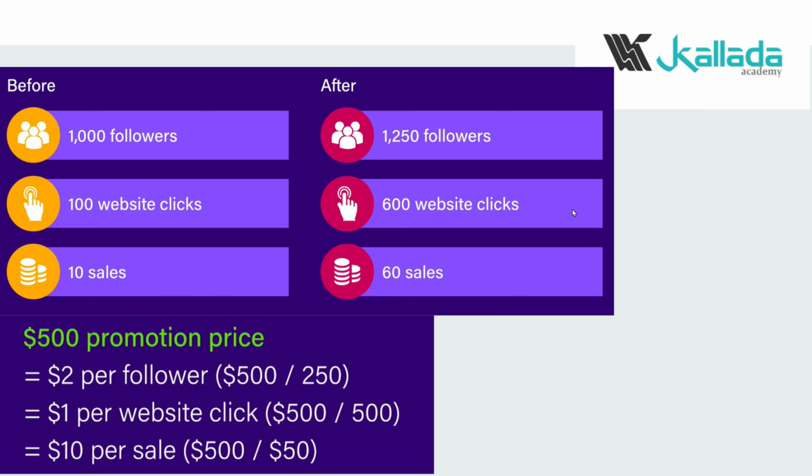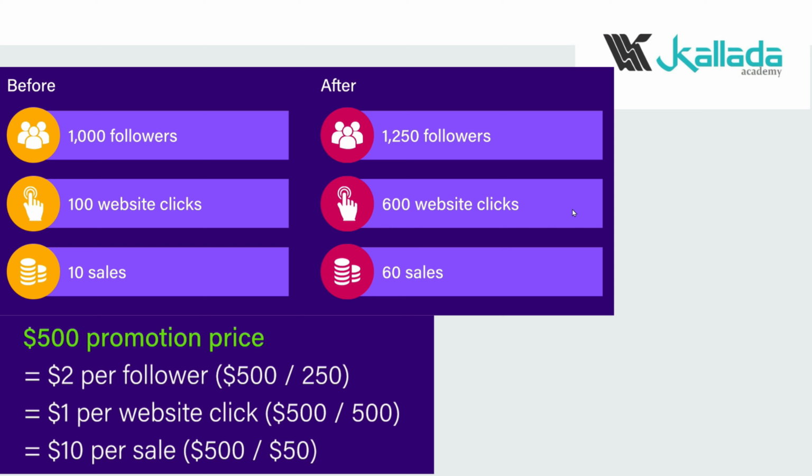If the promotion price was $500, which was the total cost of this promotion, then for the follower growth of 250, dividing 500 by 250 gives $2 per follower. If we calculate on the basis of website clicks, with that same $500 divided by the growth of 500 clicks, the cost per website click is $1.